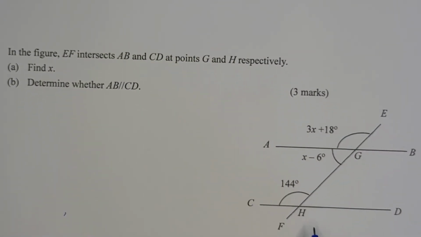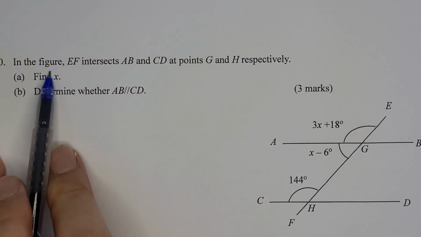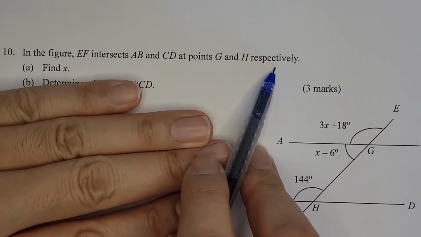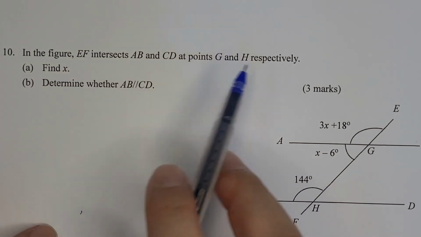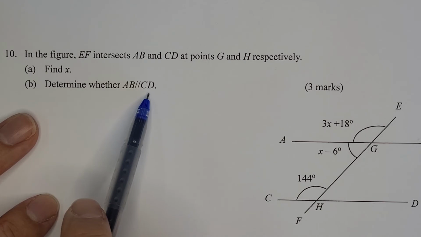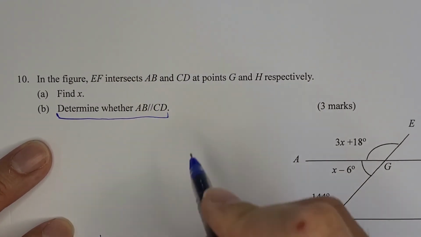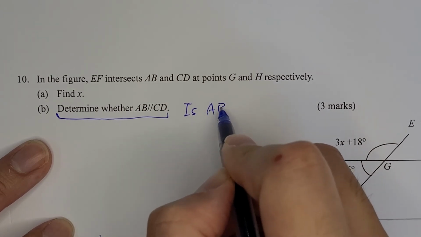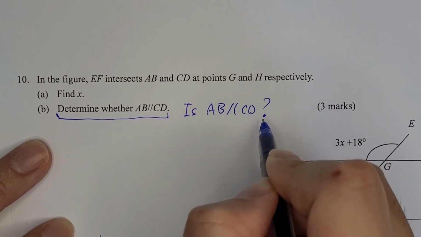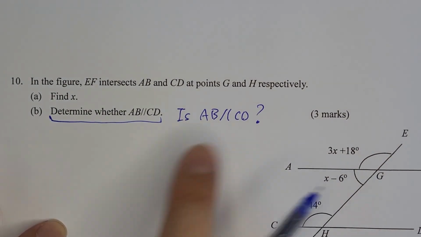No. No. Because the question didn't tell you that AB is parallel to CD or not. In part B, they want you to determine whether AB is parallel to CD. You can transfer this question like this. Is AB parallel to CD? Question mark. Okay? They're just asking you something like this.